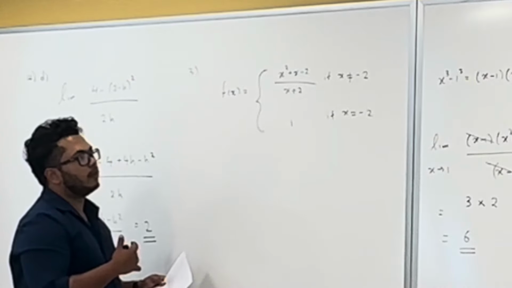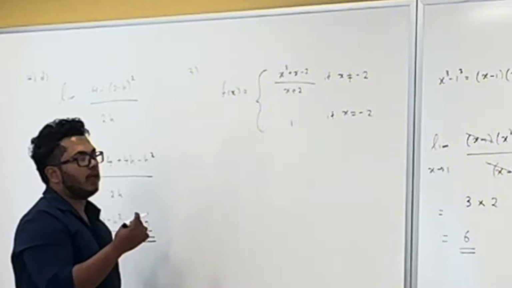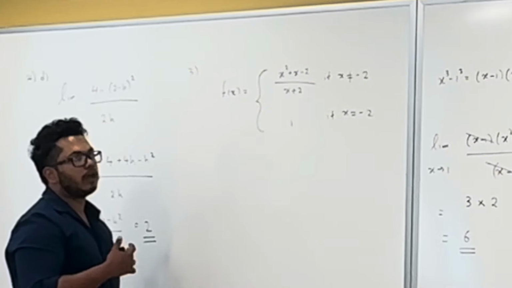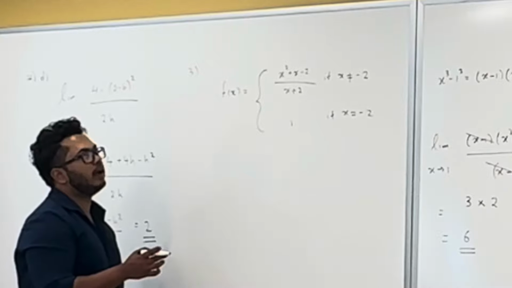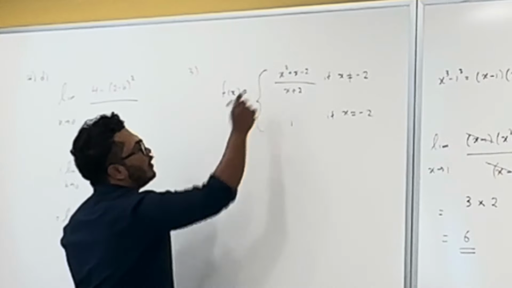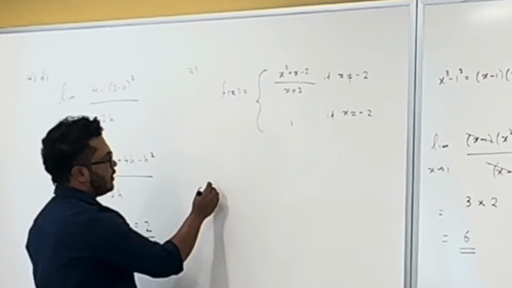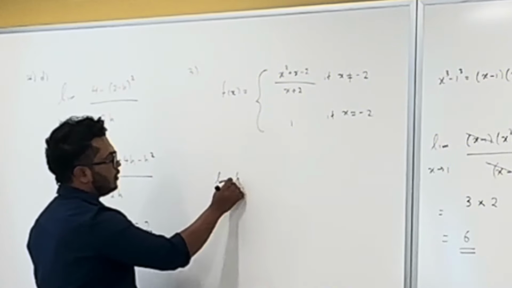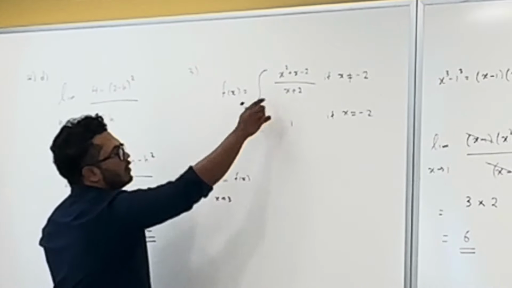So the problem happens at negative 2, because in any other situation you can find the limit by just plugging the x value into the function given in the first piece. For example, if you find the limit at 3, you can plug in 3 and get the value.